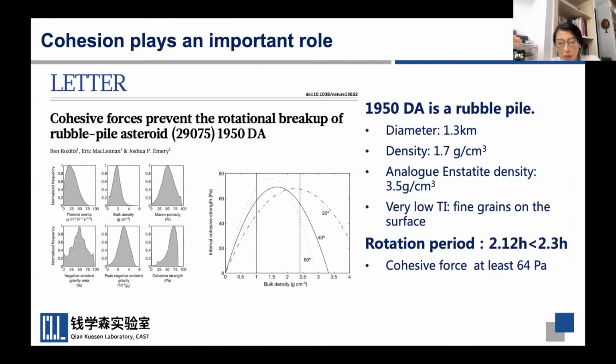So the knowledge for 2016 HO3 is that it can be a rubble pile, and decimeter grains can exist on its surface.